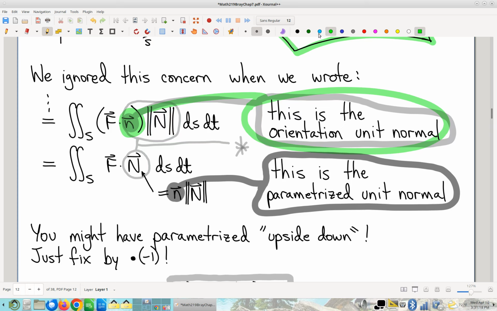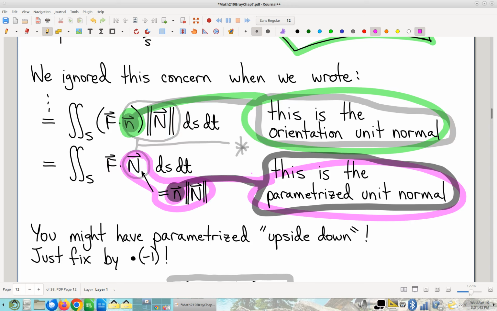But then when I made a comparison to the capital N vector, of course, yes, it does have a unit vector direction and a magnitude, those two elements. The direction is the parametrized unit normal. These may or may not be the same.